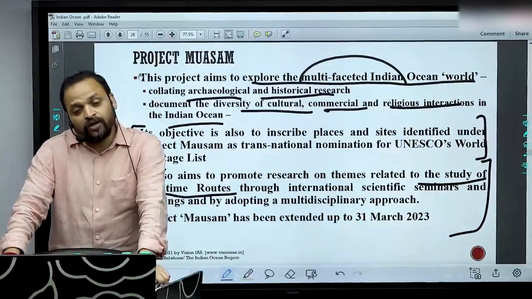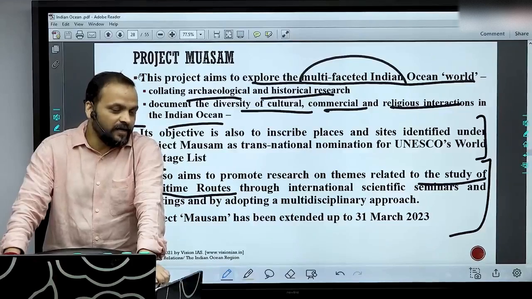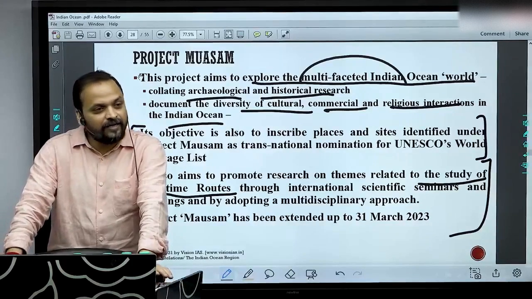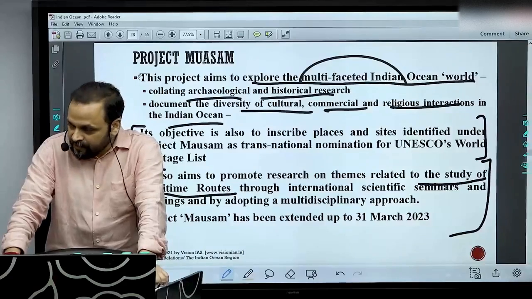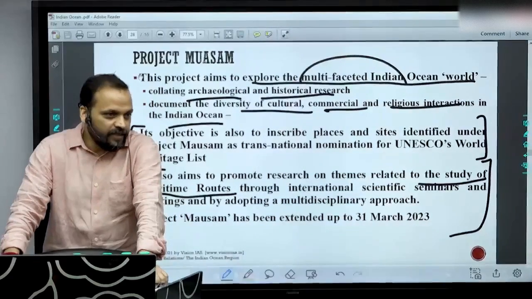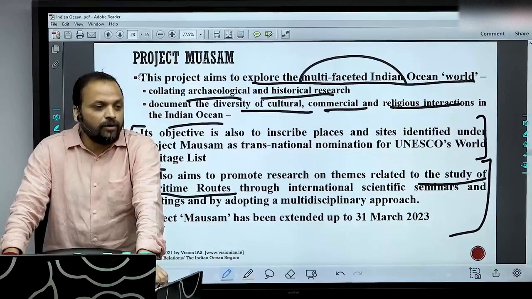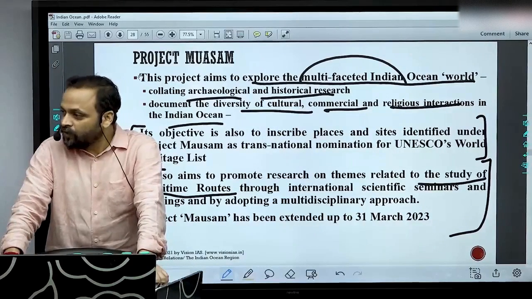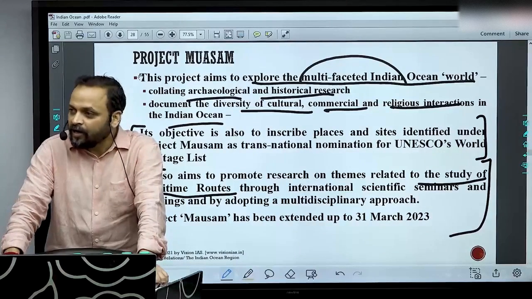But when it comes to old connections with the Indian Ocean region, India can always beat China day in, day out. All right? We can say that we have thousands of years of history in terms of engagements with the Indian Ocean region.